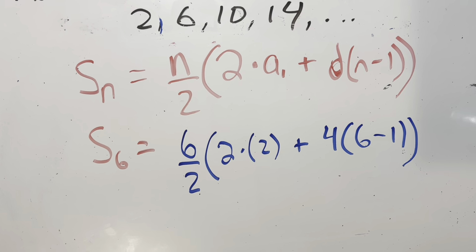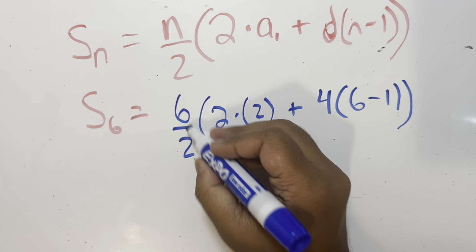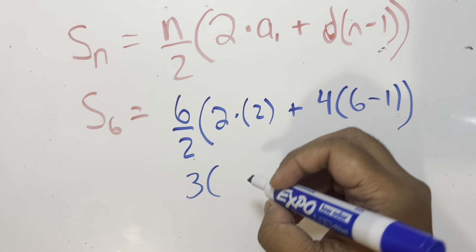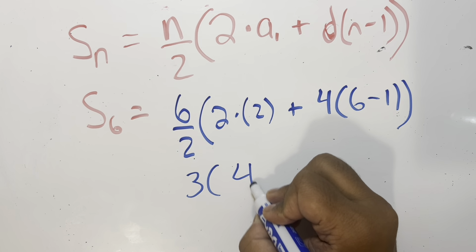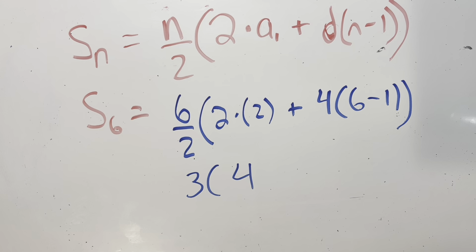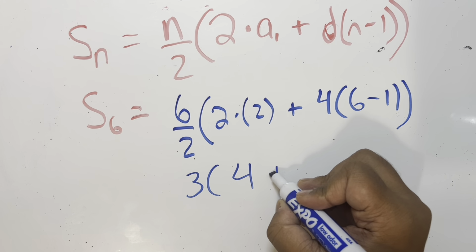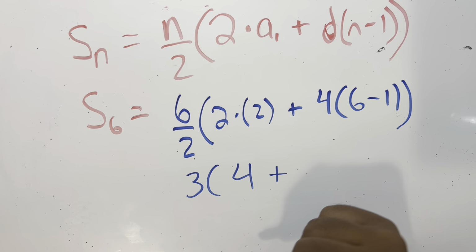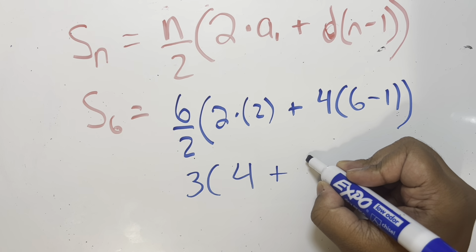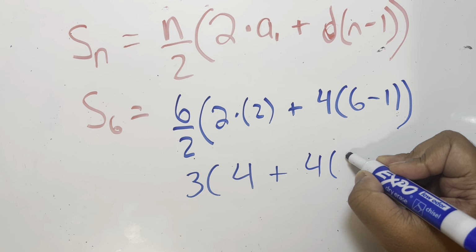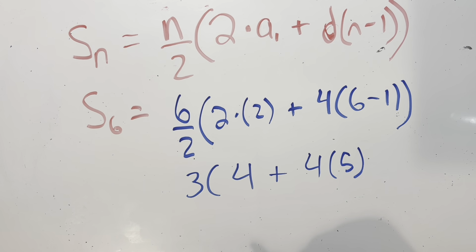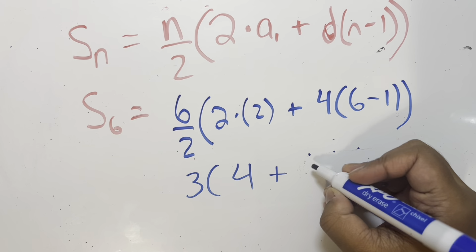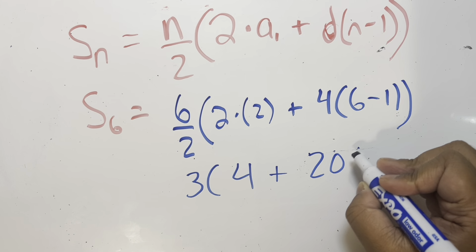So let's evaluate this. So 6 over 2 is 3. And 2 times 2 is 4. Plus 4 times, 6 minus 1 is 5. So 4 times 5. I know what 4 times 5 is, so I'll just replace it with 20.